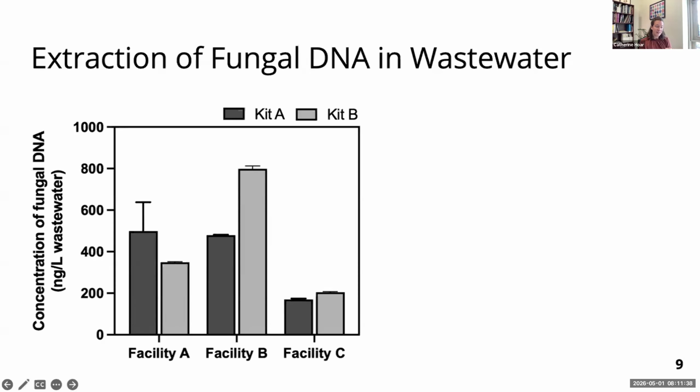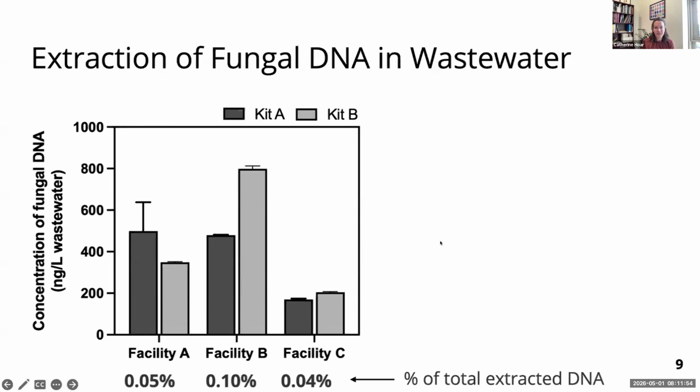So this is endogenous fungal DNA in wastewater samples, again, based on qPCR quantifying fungal DNA targeting the ITS region. So we don't see any clear trends between these 2 kits having higher yields over the other, but we are finding that across wastewater samples, fungal DNA makes up anywhere between like 0.05 to 0.1% of the total extracted DNA.